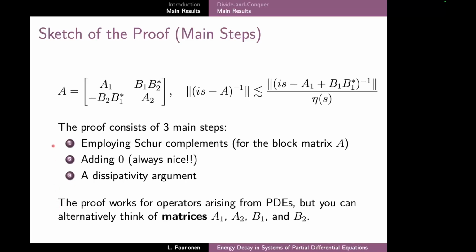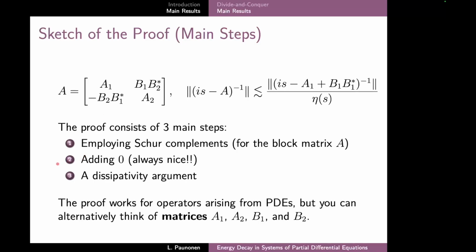This proof consists of three main steps. First of all, we are interested in the resolvent operator, and the inverse of sI minus A, when A is this kind of a block operator matrix. And for this we will use the Schur complement analysis.